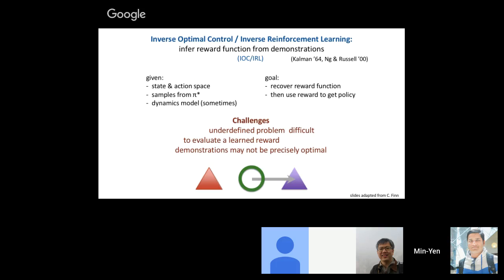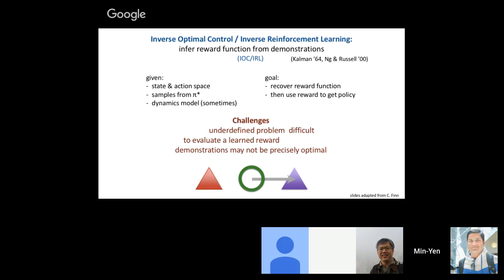So it's difficult to define the problem. And it is difficult to evaluate a learned reward. This is because there aren't any guidelines for evaluation. So we are unable to confirm whether the learned reward is a correct one.